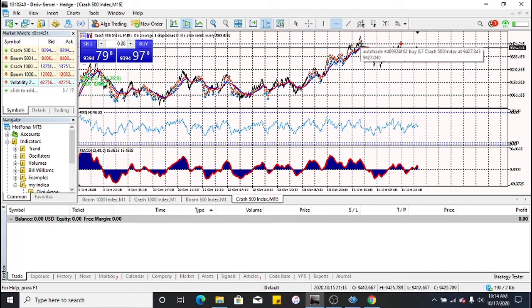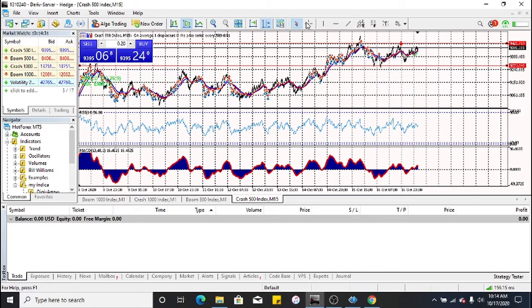For a while now it's been ranging, drawing your support and resistance. It worked perfectly here. It could work perfectly here because it's been ranging, and it's now ranging at the previous resistance and support. Okay, so basically this is it.